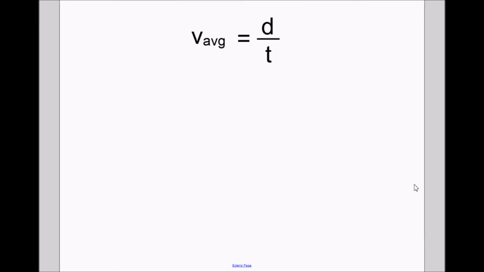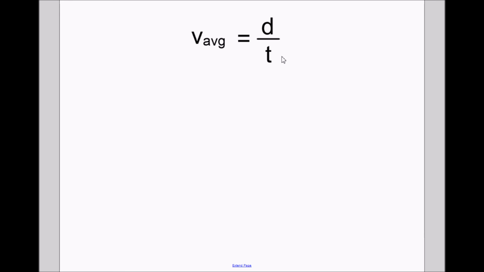The last thing I would like to address in this lecture are the alternative forms of the average speed equation. The equation as I have it written right here is what I would call the primary form of the average speed equation. But there are times that you might actually know the average speed of an object, and you might know the time that it's been traveling for, and you want to calculate the distance that it will travel.